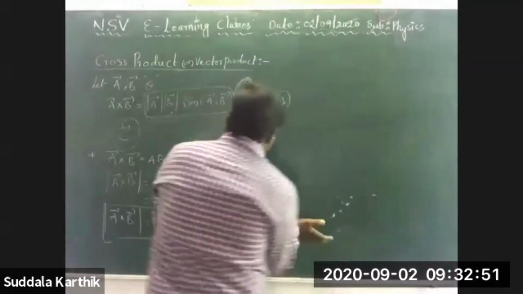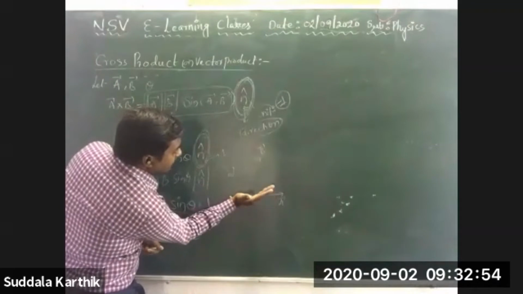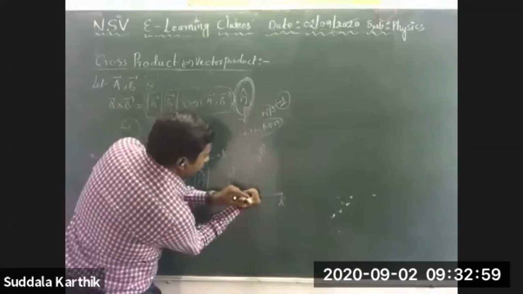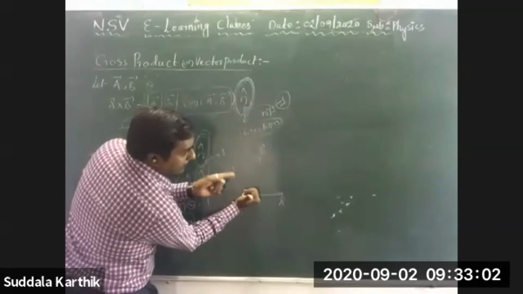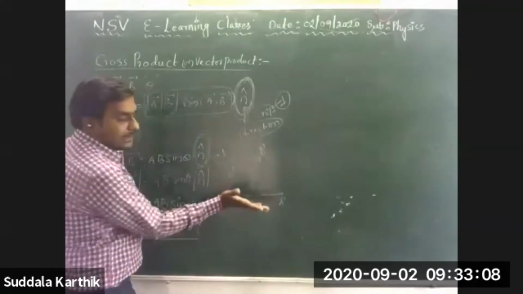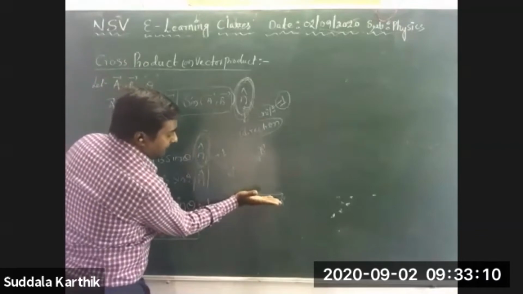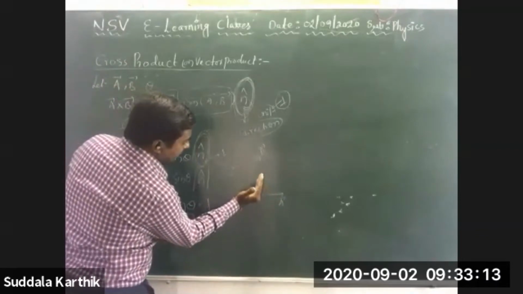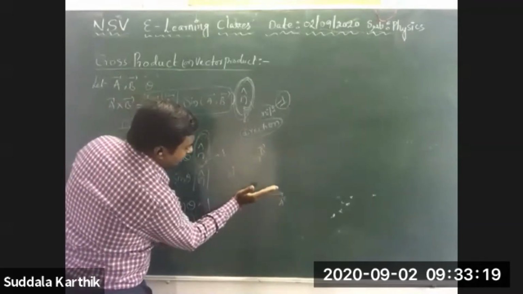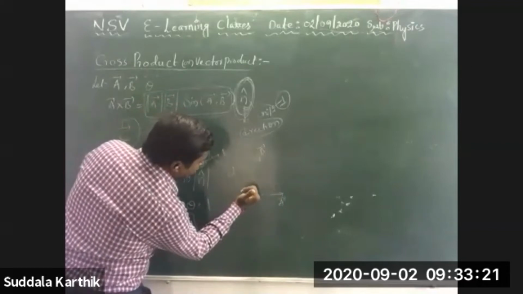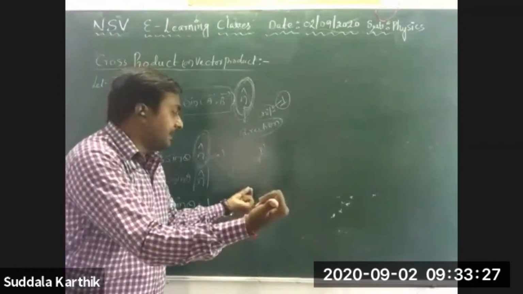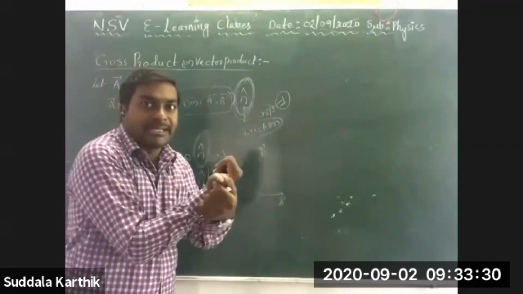If I move from the first vector to the second vector, folding my fingers, then my thumb will be perpendicular to the plane. I get a perpendicular vector, along the direction of my thumb.